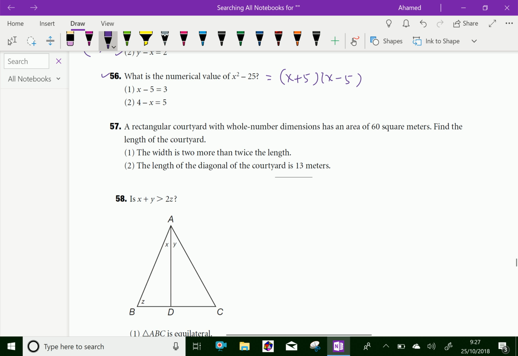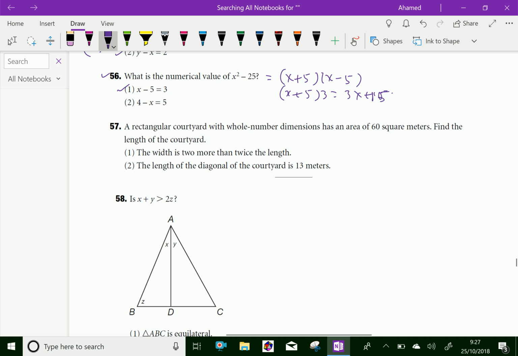Instead of x minus 5 we can use 3, that is x plus 5 into 3, which is equal to 3x plus 15. Using this concept you got 3x plus 15.